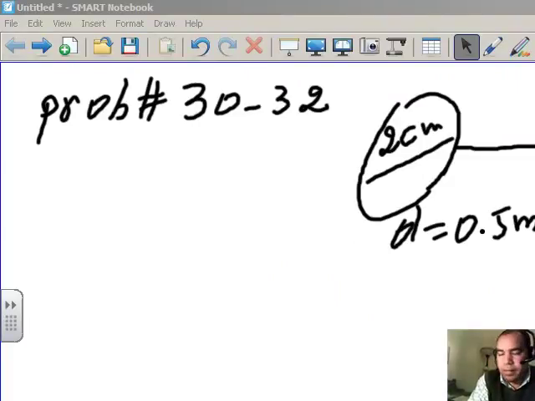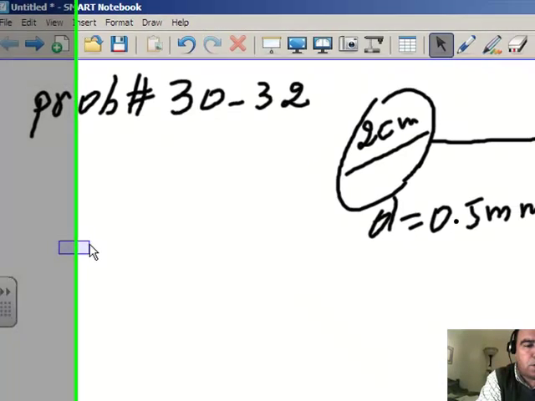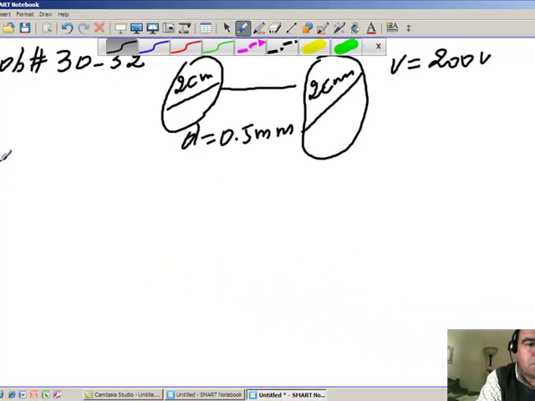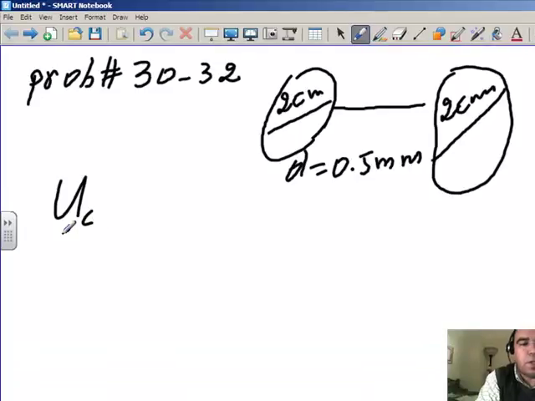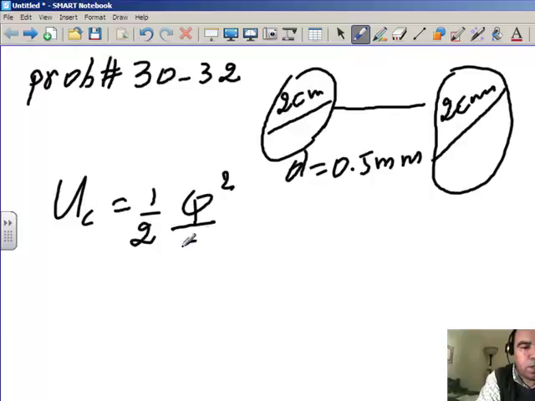within this condenser or capacitor? And so the formula for energy, this is the potential energy within the capacitor, is half Q squared over C. This is the original formula by integration.